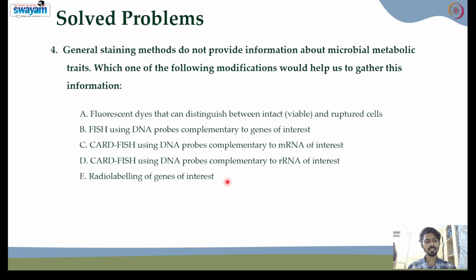Option B, the FISH using DNA probes complementary to the gene of interest. Option C, the CODFISH using DNA probes complementary to the mRNA of interest. Option D, the CODFISH using DNA probes complementary to the rRNA of interest. And option E, radio labeling of gene of interest. You can post your answers.